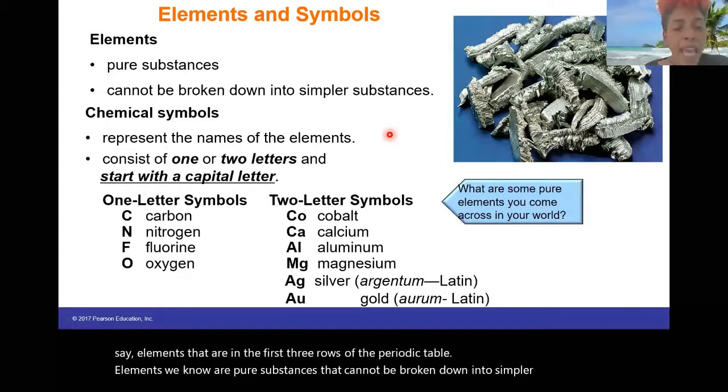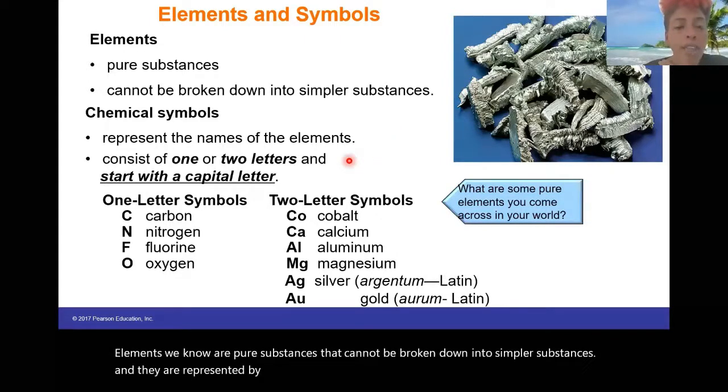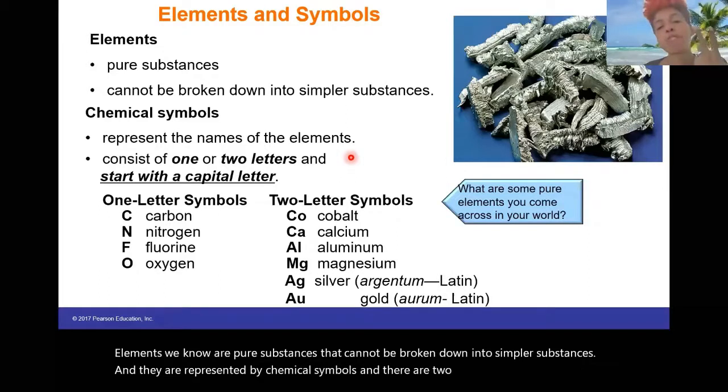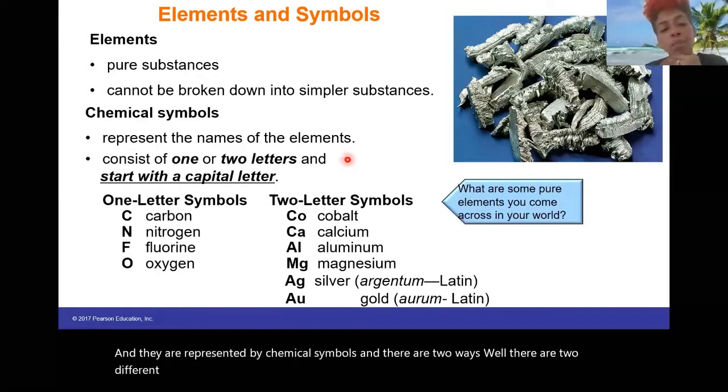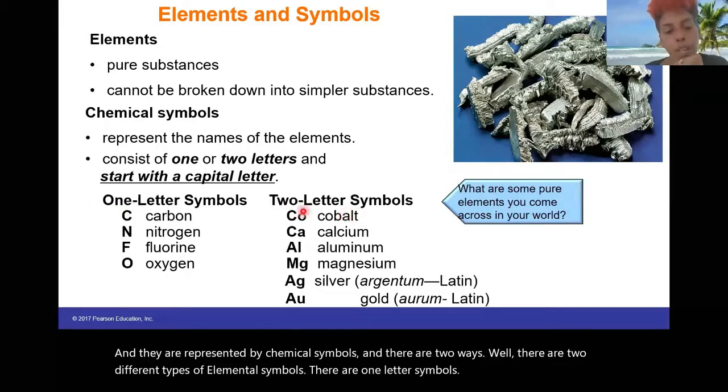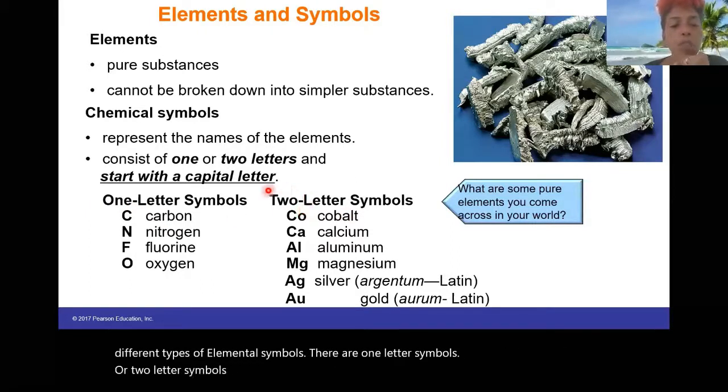And they are represented by chemical symbols. There are two different types of elemental symbols: one-letter symbols or two-letter symbols. If it's a two-letter symbol, the second letter is always lowercase.